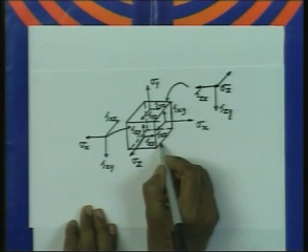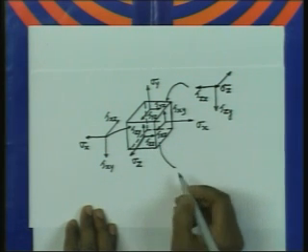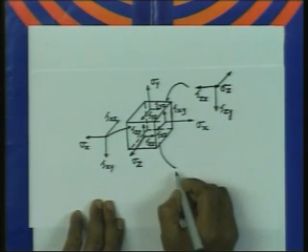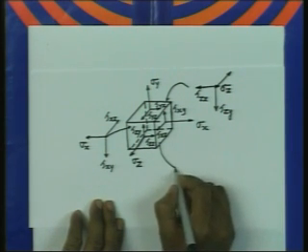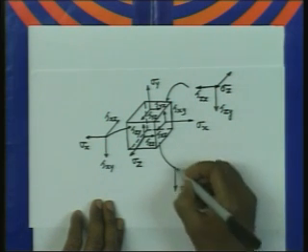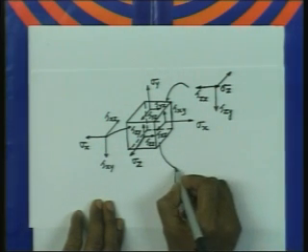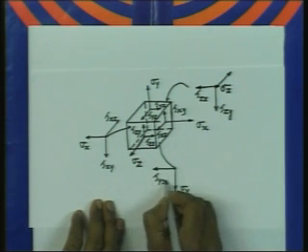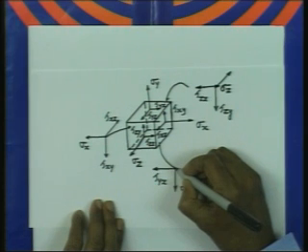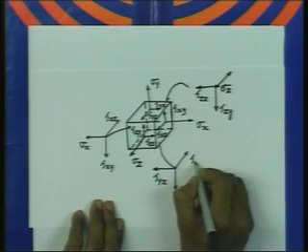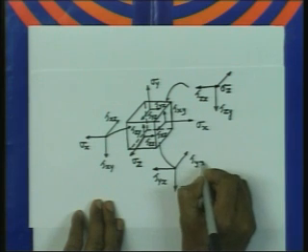And the stress at the bottom surface is again given by sigma y acting in the negative direction, and the shear stress is going to be tau yx, and the shear stress on this face is tau yz.